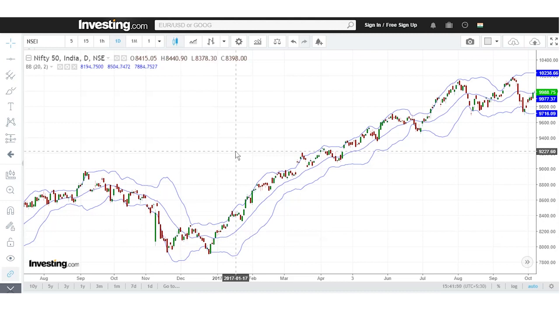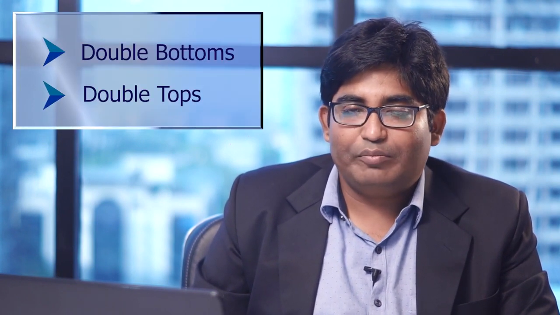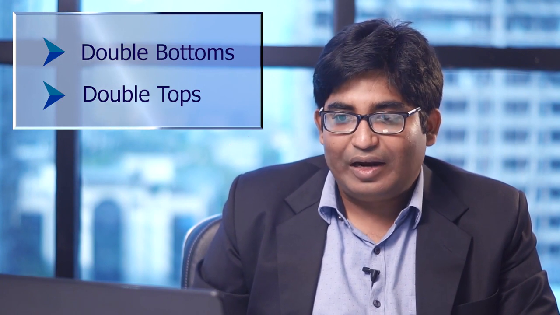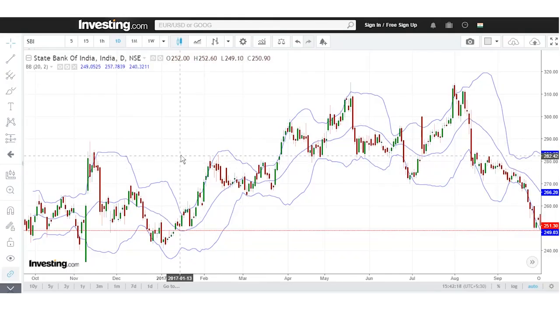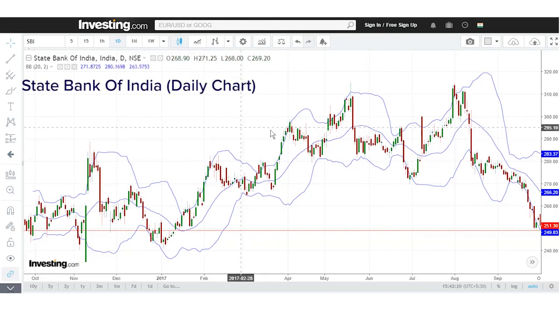Bollinger Bands are also very important when we are talking about M tops or W bottoms. We have looked at the double top and double bottom patterns in the classical chart patterns. Now let us look at examples and understand how we use them with the Bollinger Band. Here we are looking at the SBI daily chart.